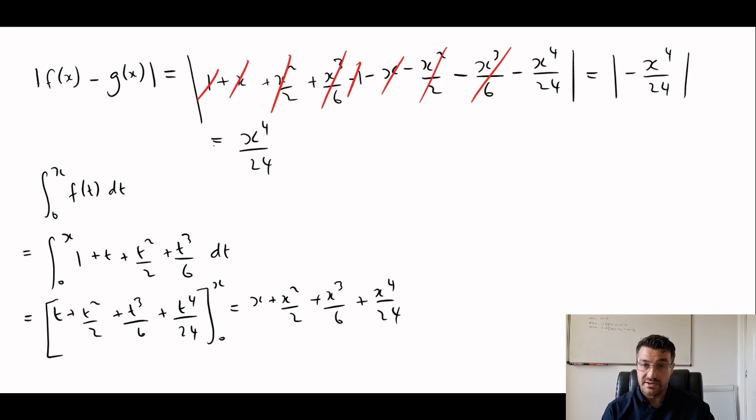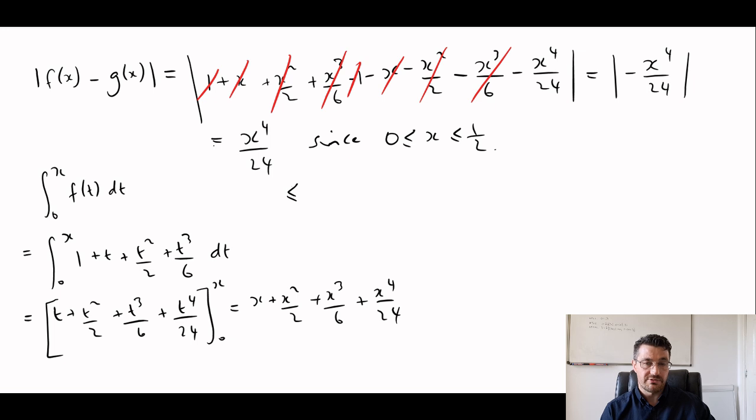In fact, we need that x to be between 0 and a half. So this is less than or equal to, so the greatest value of x to the power of 4 is going to be at a half. Okay, on this range, x less than or equal to a half.